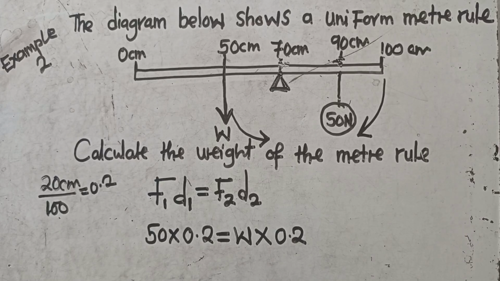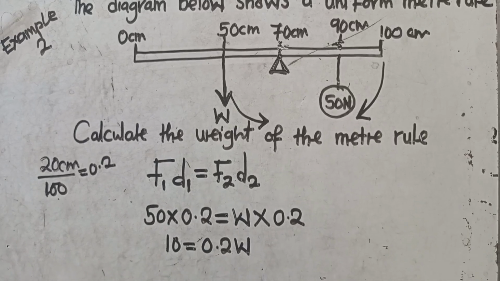This is so simple. If I multiply 50 by 0.2, what answer am I going to get? I'm going to get 10. So 50 times 0.2 is 10. So 10 is equal to 0.2W.